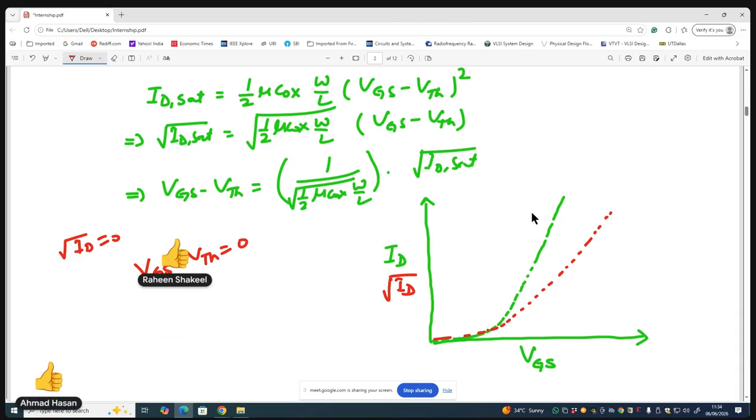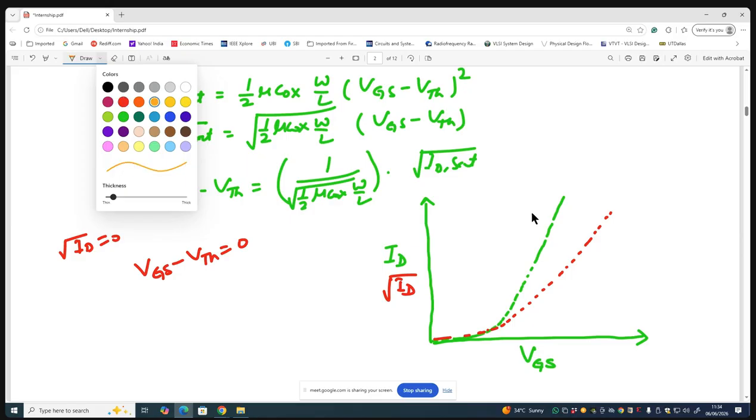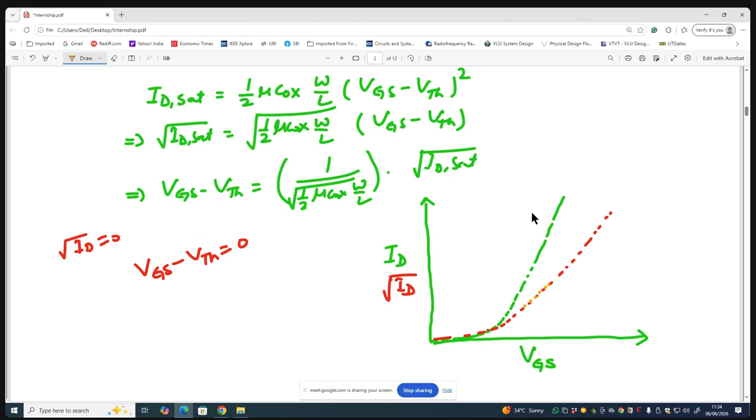So what you can actually do is extrapolate this characteristic, and it hits the x-axis here, and this axis is nothing but ID is equal to 0, or square root of ID is equal to 0. From here you can write VTH is equal to VGS when ID is equal to 0.